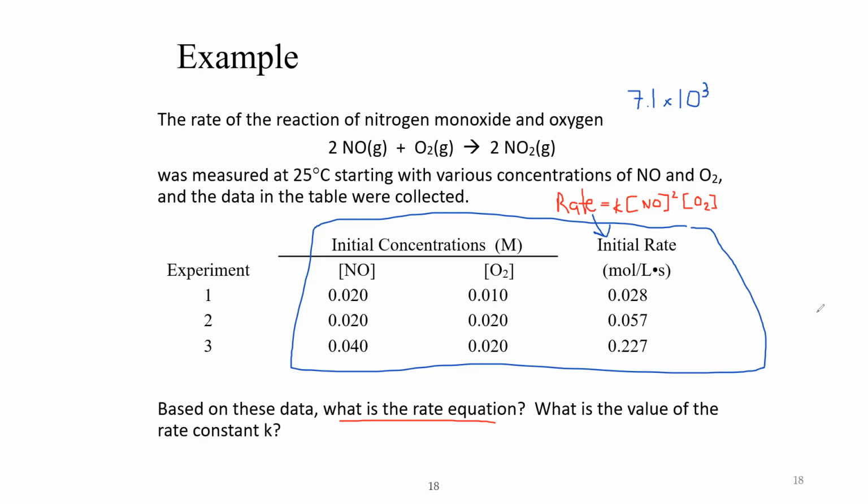And then with the rate constant itself, what we have to do is think about the units. On the rate, we have mole per liter times second, really just molarity over seconds.